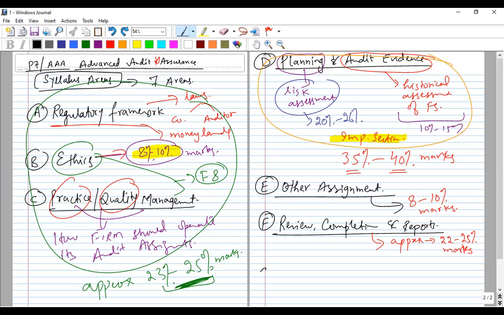And the next area is part G, which is current issues. I will be discussing later what the current issues and examinable things are.